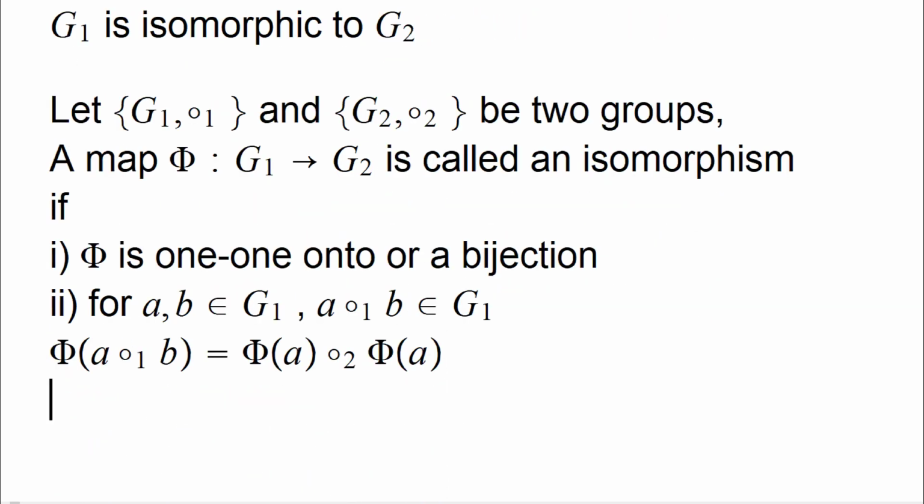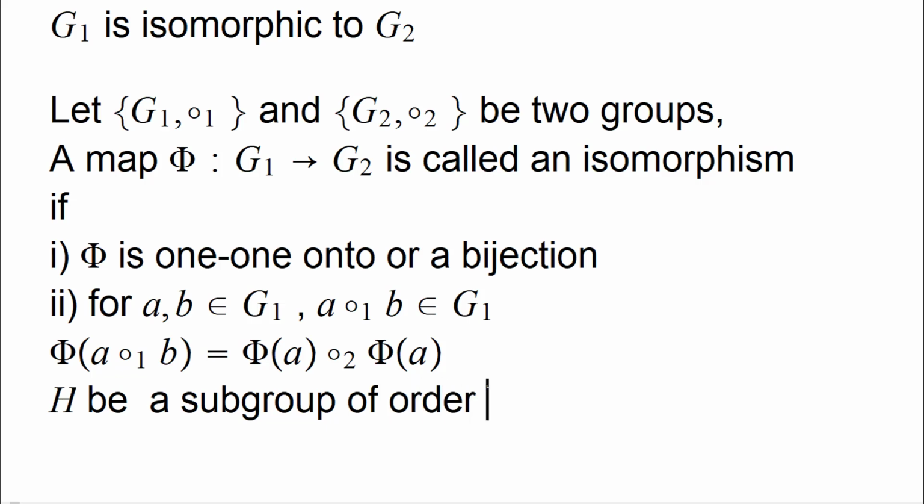So first, let H be a subgroup of order n in G1. We shall show that its image, that is f of H, or rather phi of H, is a subgroup of G2.